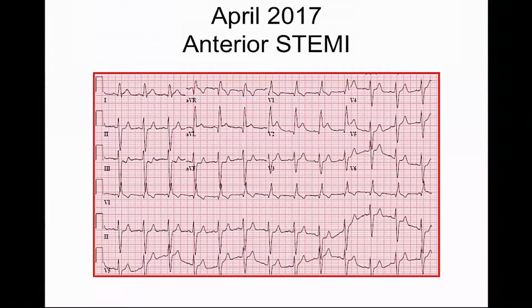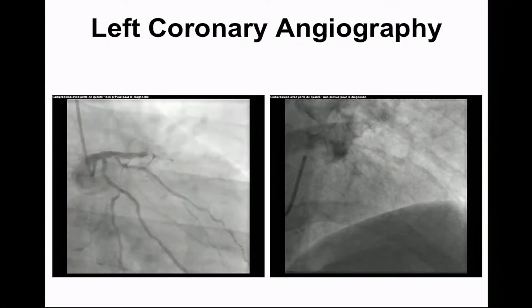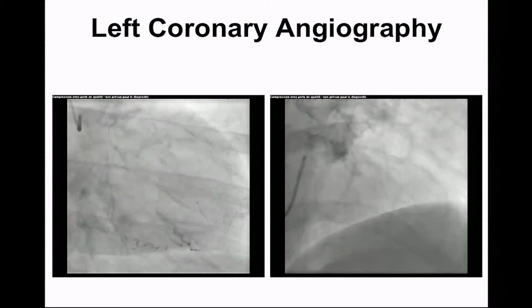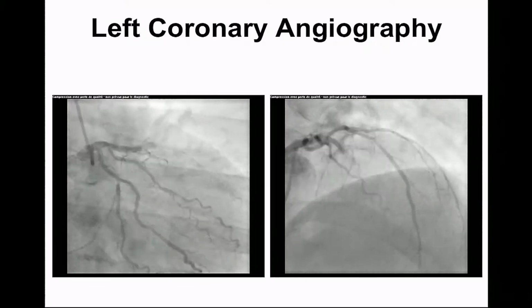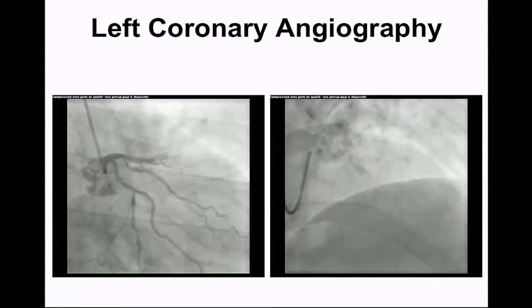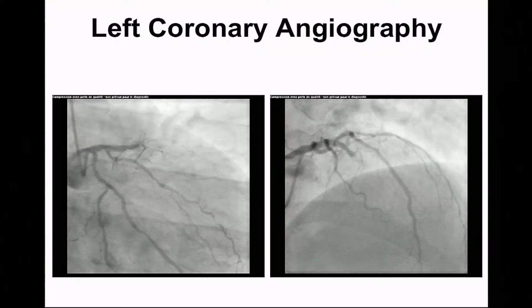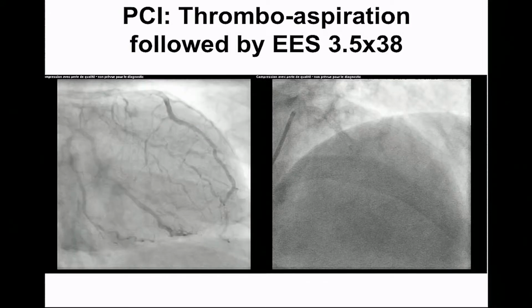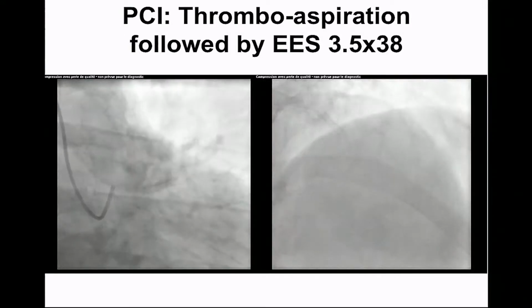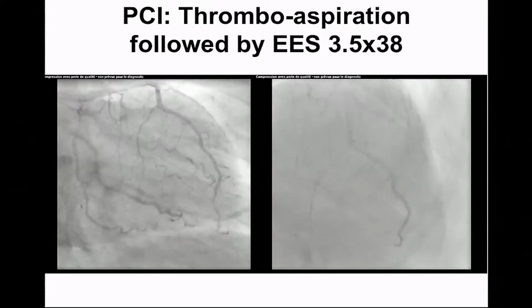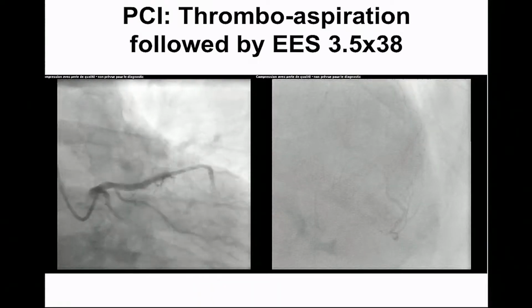So 13 months after the first procedure, he presented to the emergency department for acute persistent chest pain and in the EKG, ST elevation in leads V1 and V2. He was loaded with clopidogrel, and the left coronary angiography showed stent thrombosis of the LAD. After thromboaspiration, a second drug-eluting stent was implanted in the proximal LAD with good angiographic result.